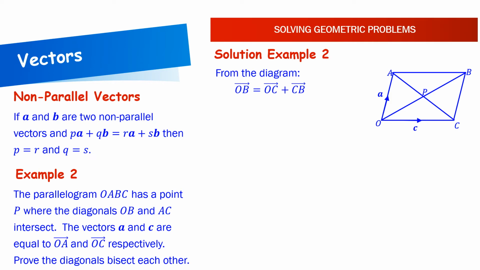From the diagram, we have that OB equals OC plus CB. This equals c plus a, because CB is parallel and equal to OA.